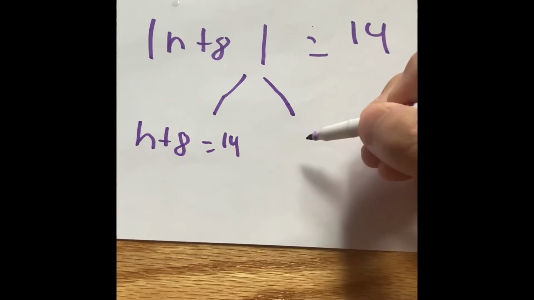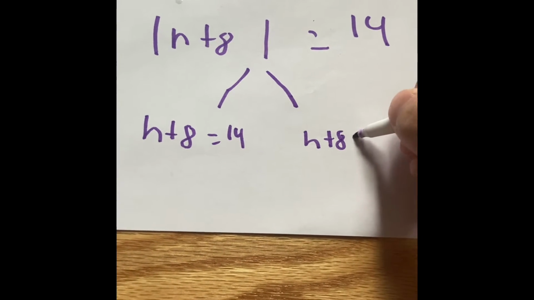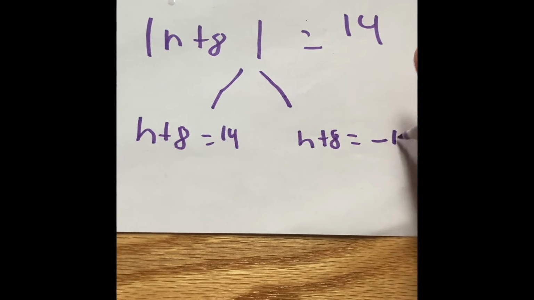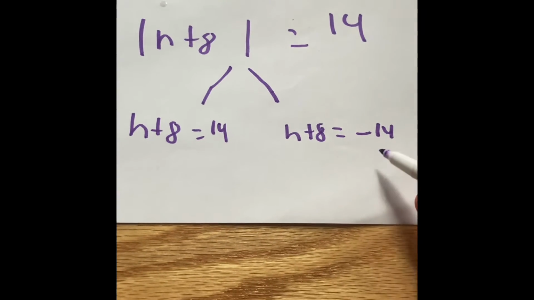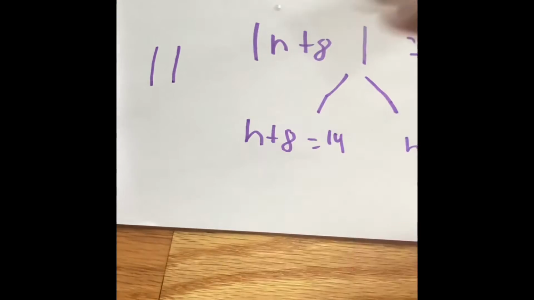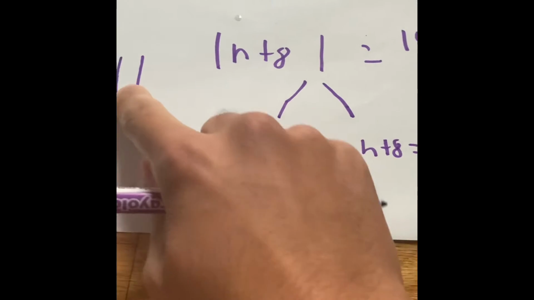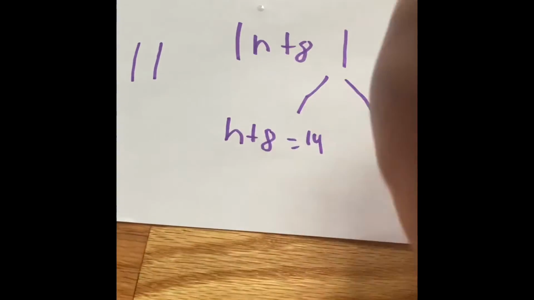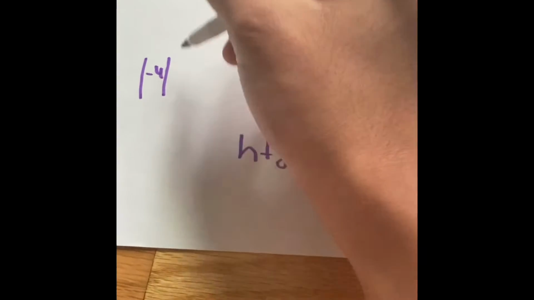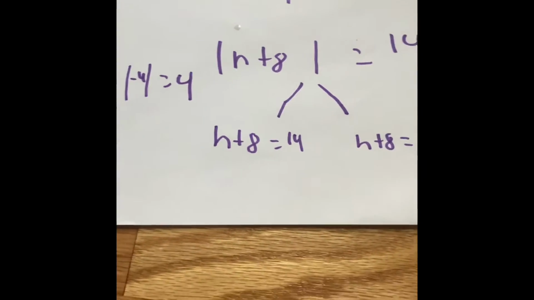And the other scenario is m plus 8 equals negative 14. The reason why is that if you put a negative in the absolute value bars, it will always become a positive. Absolute value bars will tell numbers to stay positive.